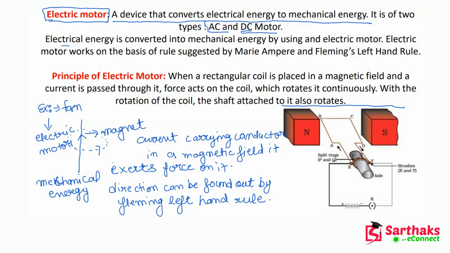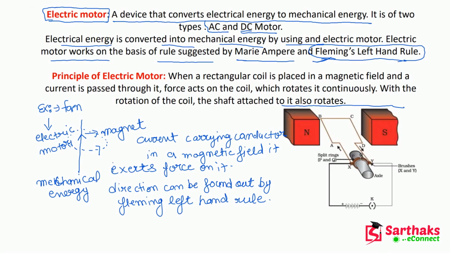Now electrical energy is converted into mechanical energy by using an electric motor. An electric motor works on the basis of the rule suggested by Ampere and Fleming's left hand rule. When we try to understand the mechanism of this motor, mainly Fleming's left hand rule will be used very frequently. So we have to have a very good idea of it. We know what Fleming's left hand rule is.